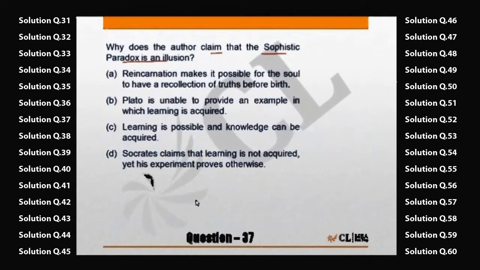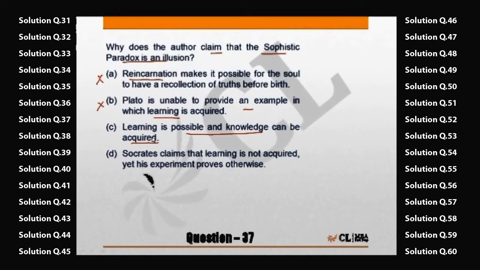Okay. Question 37. Choice A, reincarnation, completely out of scope. Reincarnation is not something which has been mentioned, but it is not the key thing out here. Choice B, Plato is unable to provide an example in which learning is acquired. No. Learning is possible and knowledge can be acquired. Just go back to that line in the passage again.